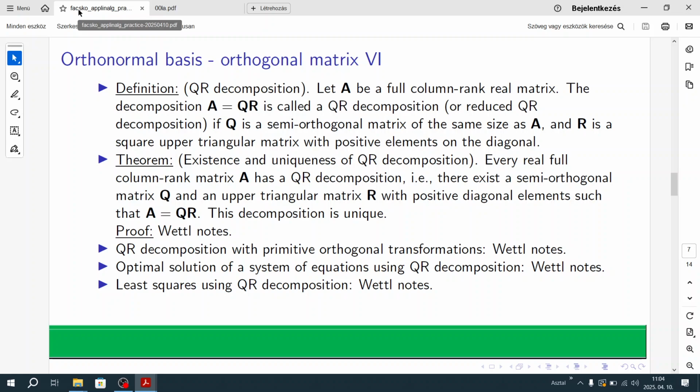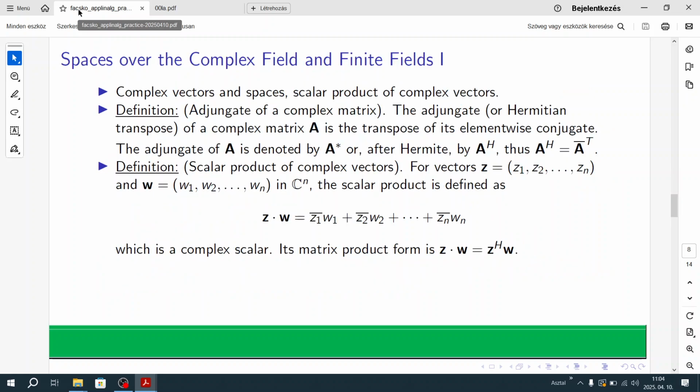But you do not need this. Unlike the LU decomposition, this is unique and always exists. This is a thesis. You can check it in the literature if you want.